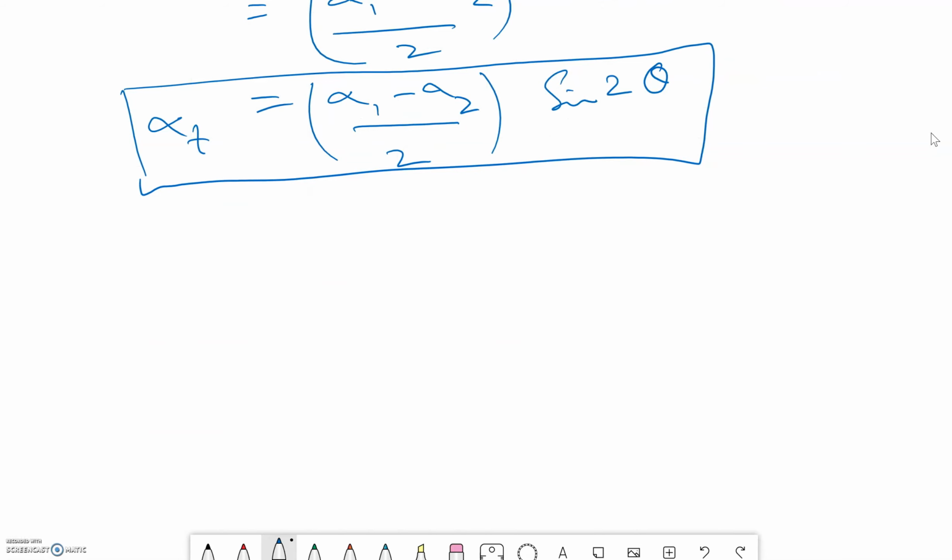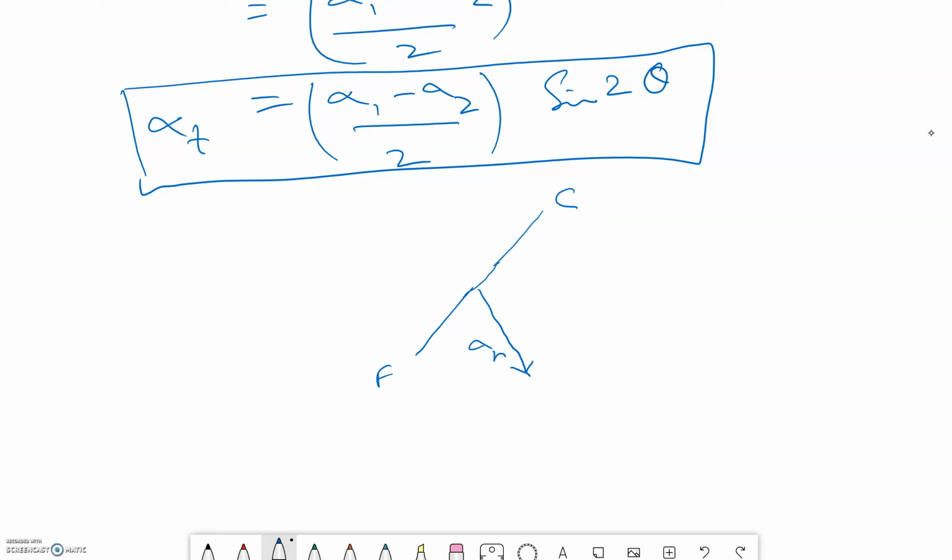Now, if you look at sigma n and sigma t along plane FC, like for example, this is your plane FC, you will have sigma n. Your sigma n will be like this.